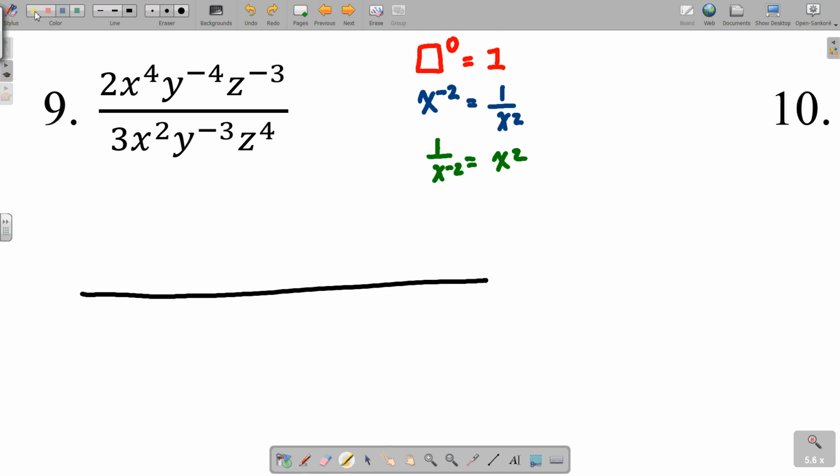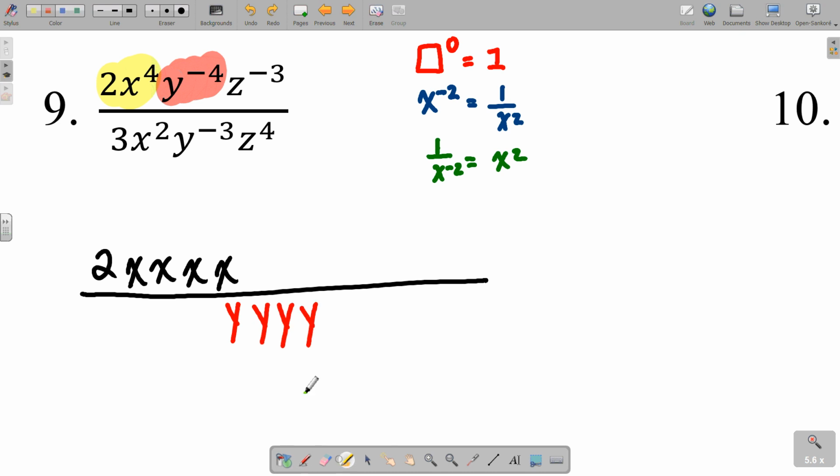And the trick to doing these is exponents expand. So I'm going to start by doing this. Y to the negative 4th, that's negative, so that means now I'm going to go down below. 1, 2, 3, 4.